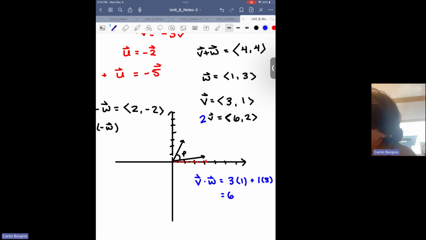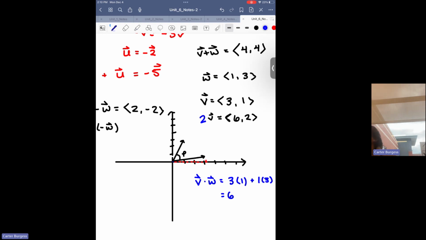The dot product here would be 6. And as far as we're concerned, that's where we would stop. But the next step would be, oh, this actually is telling us something about this angle that we have between these two vectors.